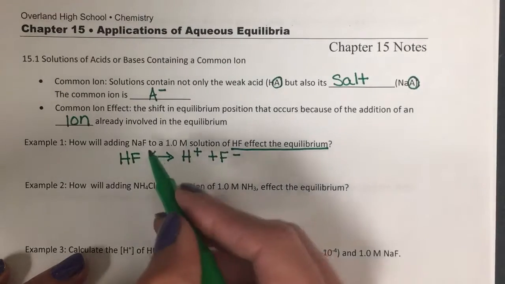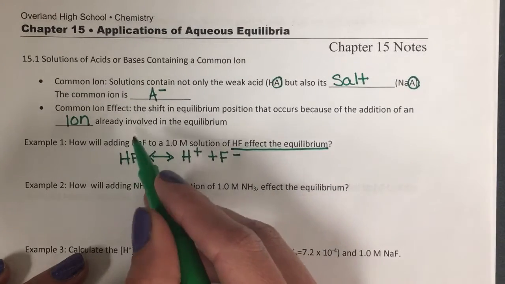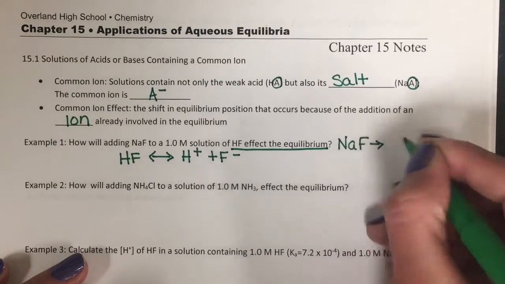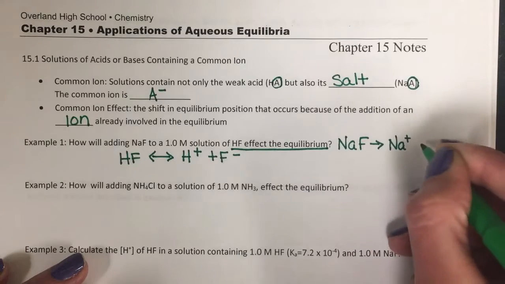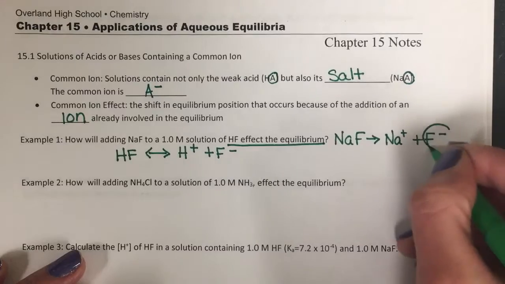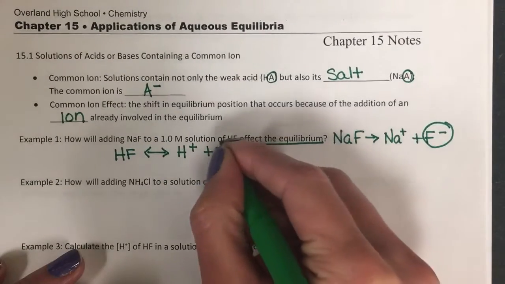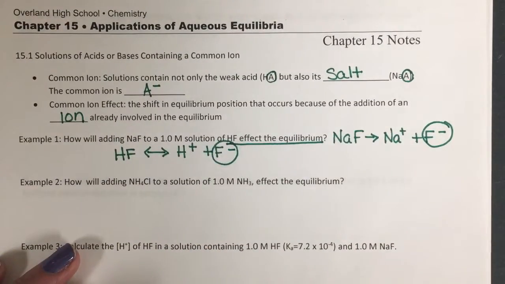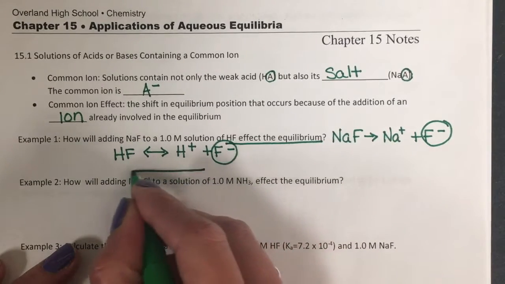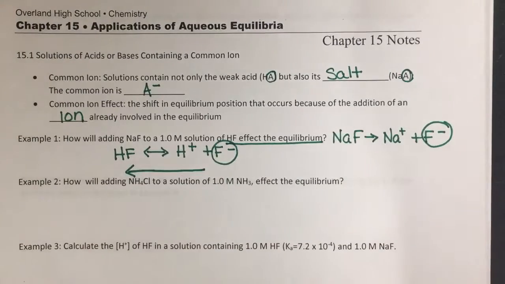If I add a solution of NaF, in solution, NaF breaks into Na plus and F minus. This F minus is the same as this F minus. Because I'm adding product, I shift the equilibrium to the left. So if I add my common ion, I'm going to shift the equilibrium position to the left.